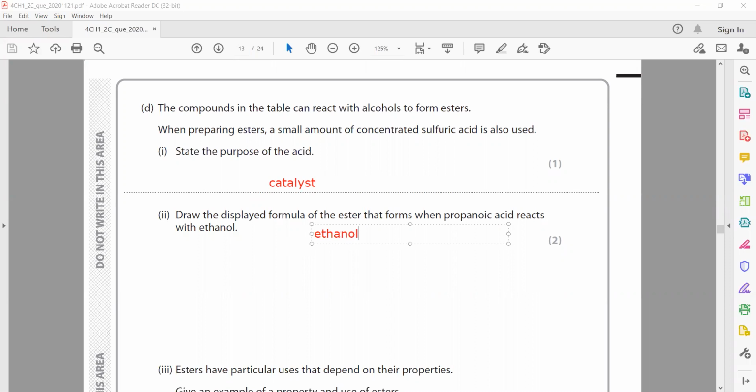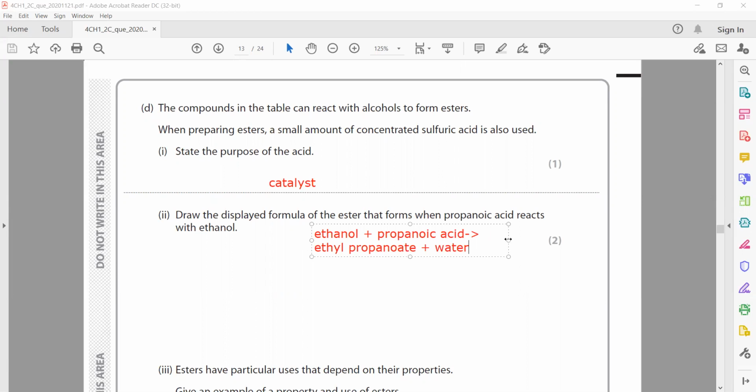So it will be ethanol plus propanoic acid gives the product, that is ethyl propanoate, and water.